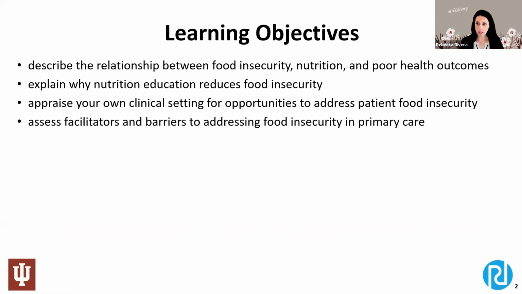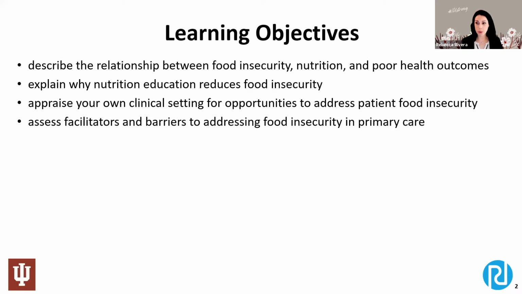I have a couple learning objectives for you. First, describe the relationship between food insecurity, nutrition, and poor health outcomes. I really want you to be able to understand the link and how those work together. Second, explain how and why nutrition education is an effective tool to reduce food insecurity. Third, appraise your own clinical setting.